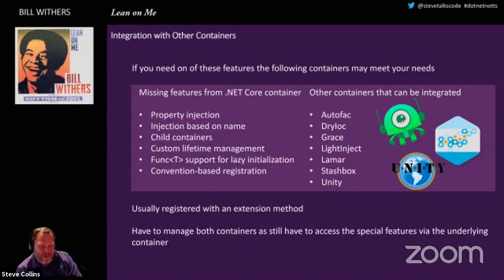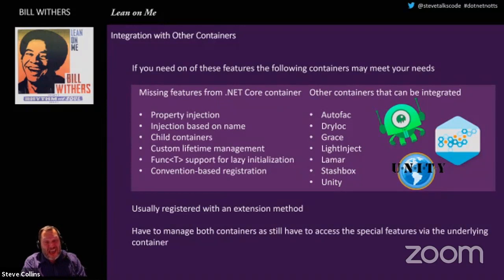Other things, what you'd have to do is if your favorite is say Autofac, then you can wire Autofac in. So all the registrations that come through the normal Microsoft container will go to Autofac, but then you've got to go off to Autofac to do the special stuff. So ultimately you end up having to manage two containers and have your code understand how to work with both of them, which does add an overhead.